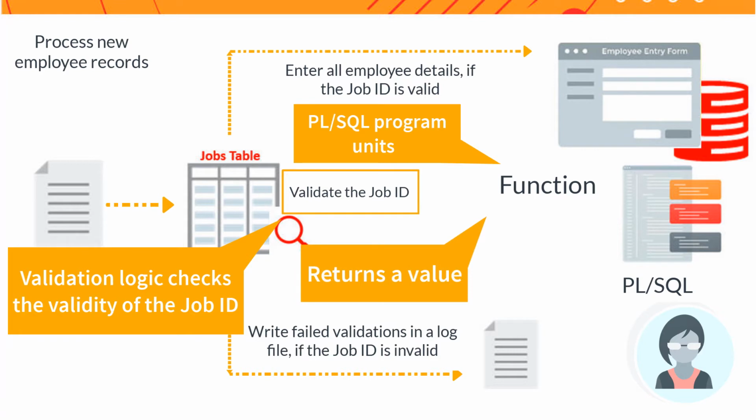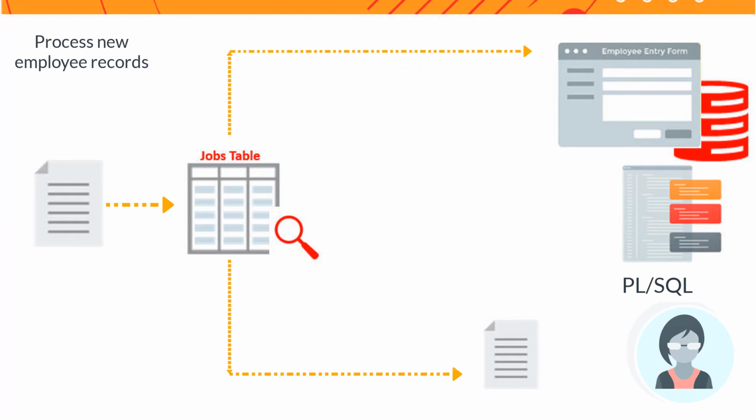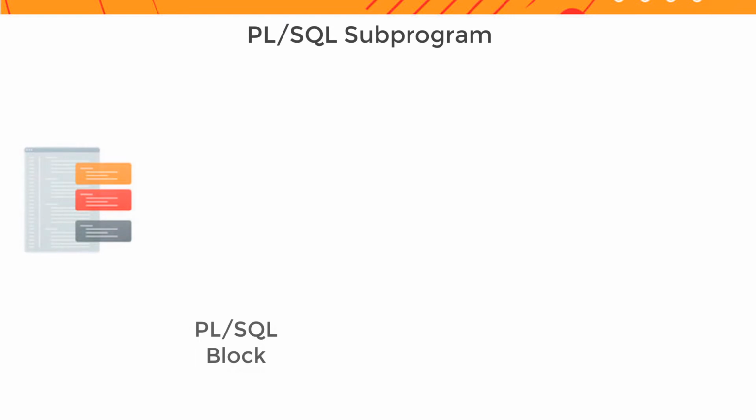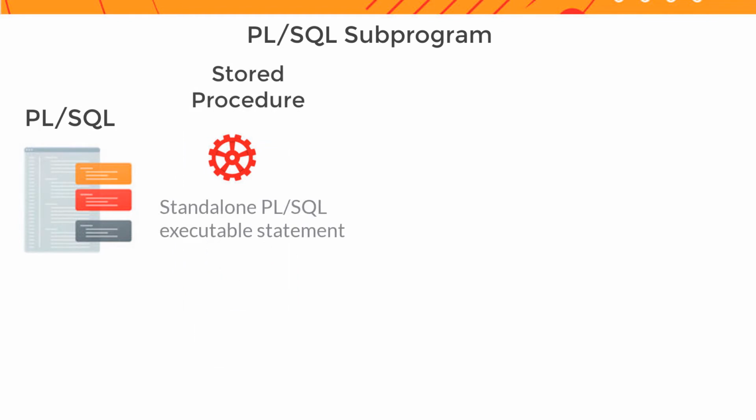Jill has now clearly understood where to use subprograms. Let's quickly summarize what a subprogram is. A subprogram is a PLSQL block. There are different types of PLSQL blocks. A stored procedure is a standalone PLSQL executable statement that performs one or more actions. It does not return a value.